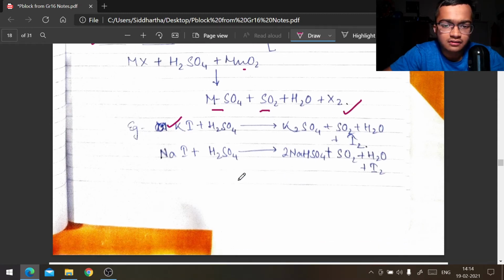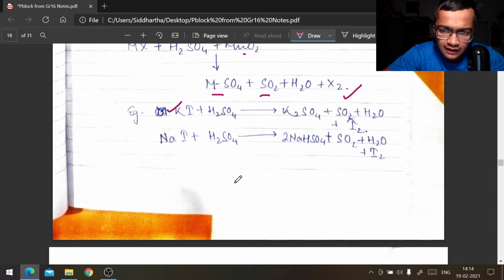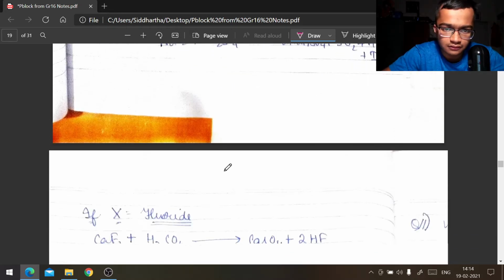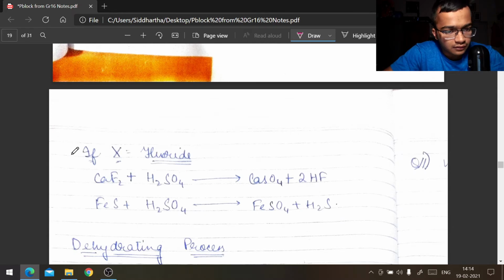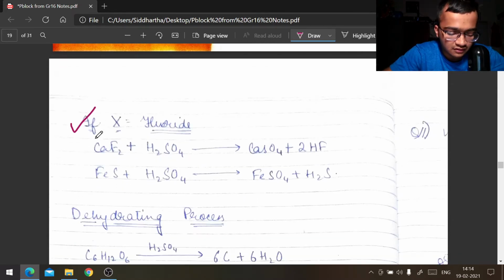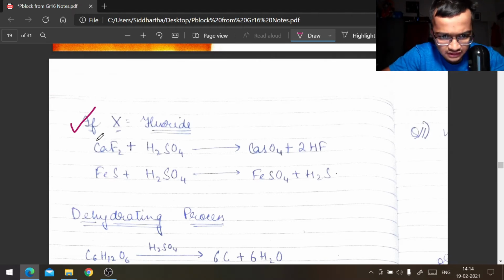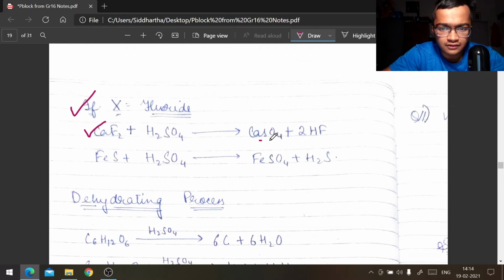Now if you take NaI, we get NaHSO4, I2, SO2 and water, okay. If X is fluorine, suppose we take calcium fluoride CaF2 with H2SO4, we get CaSO4 and HF, which is hydrogen fluoride, okay.